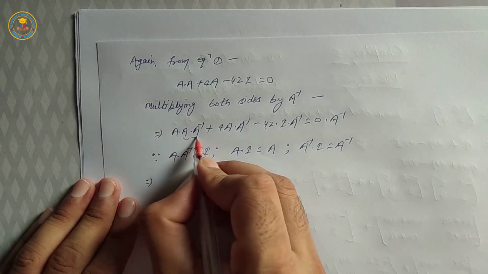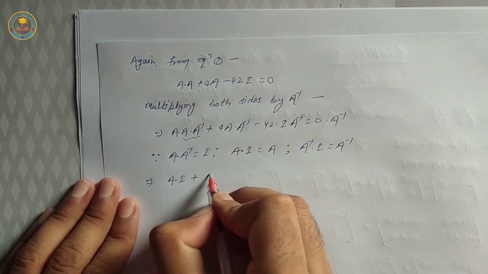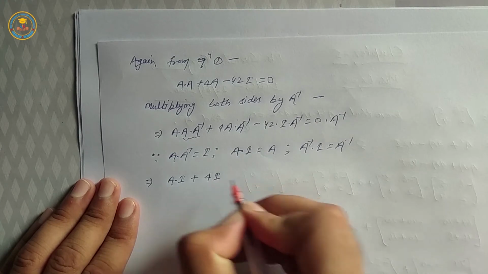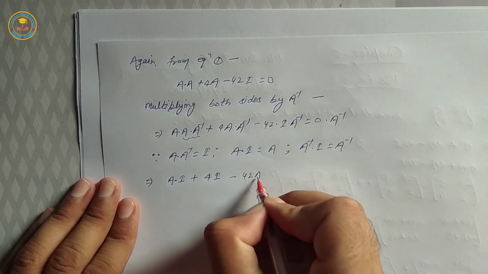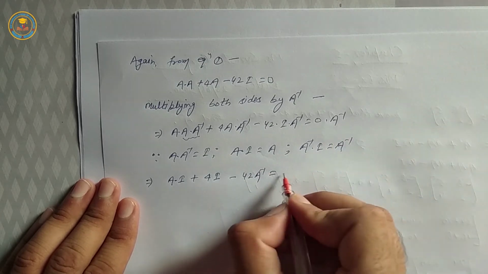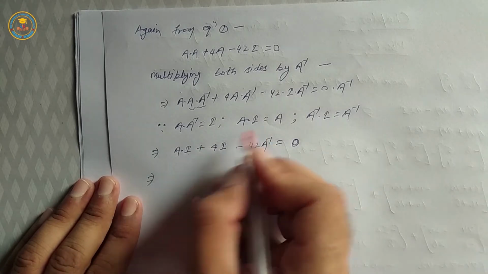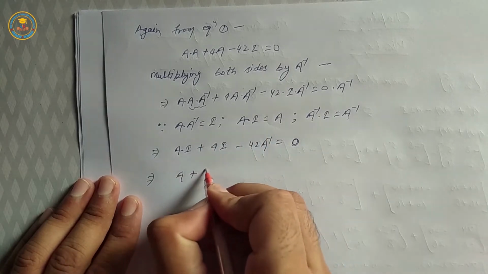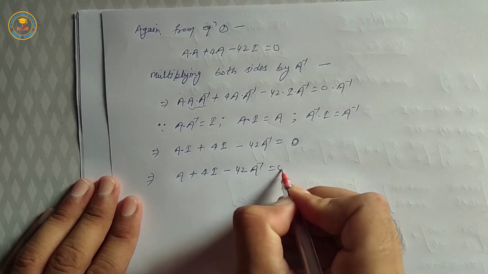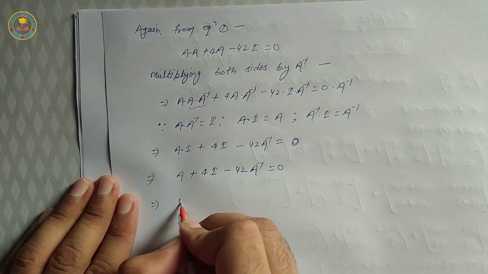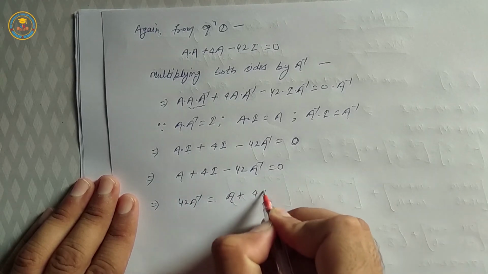Implies A into I plus 4A into A inverse is equal to I minus 42 A inverse is equal to 0. Okay, again, A plus 4I minus 42 A inverse is equal to 0, implies 42 A inverse is equal to A plus 4I.